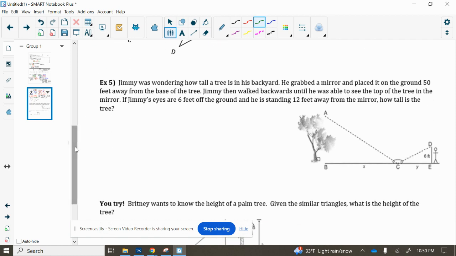In our final two examples, we are also able to use similar triangles to help us indirectly find measurements. So our goal is to eventually find the height of this tree.